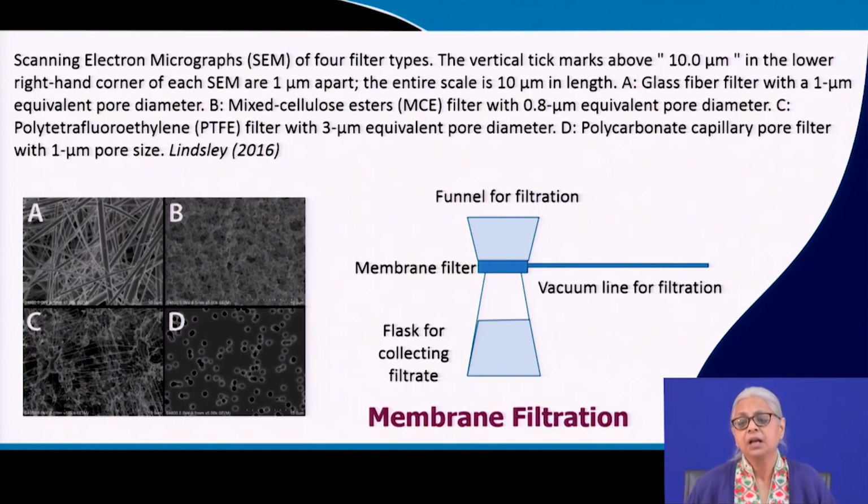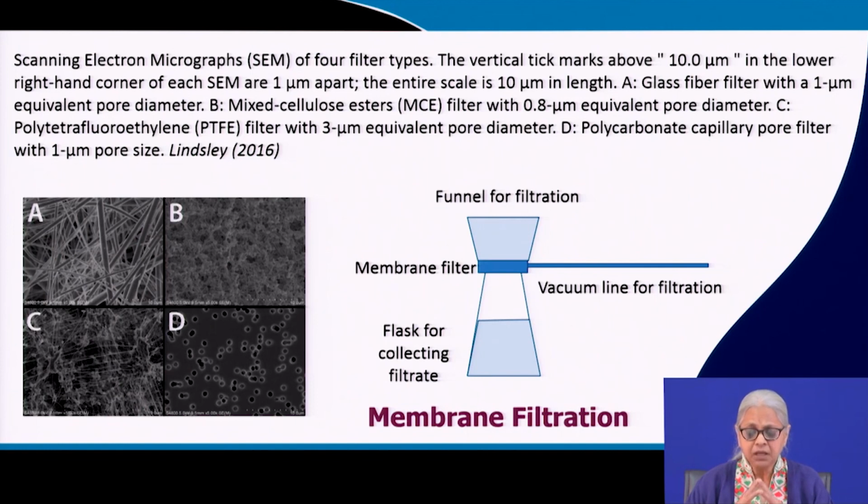This one has a pore diameter of 1 micron. They are generally more than that, 1.5 to 2 micron average pore size. Then we come to mixed cellulose ester filters. This one in particular has 0.8 micron pore diameter. Now, equivalent pore diameter, I'll come to this idea again.